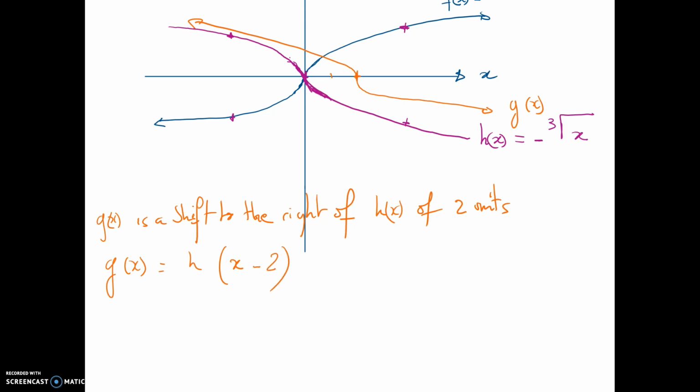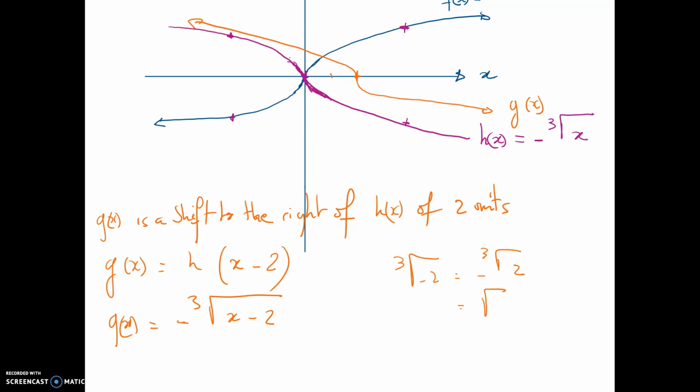And so that means g of x is going to be minus the cubic root, and instead of x, I'm dealing with x minus 2. Okay? Now, because I am dealing with a negative cubic root, I know that the cubic root of, for example, negative 2, is equal to negative cubic root of 2. Why?